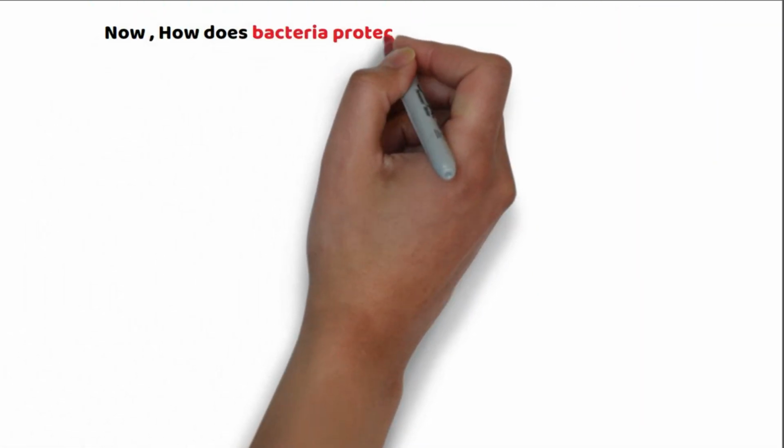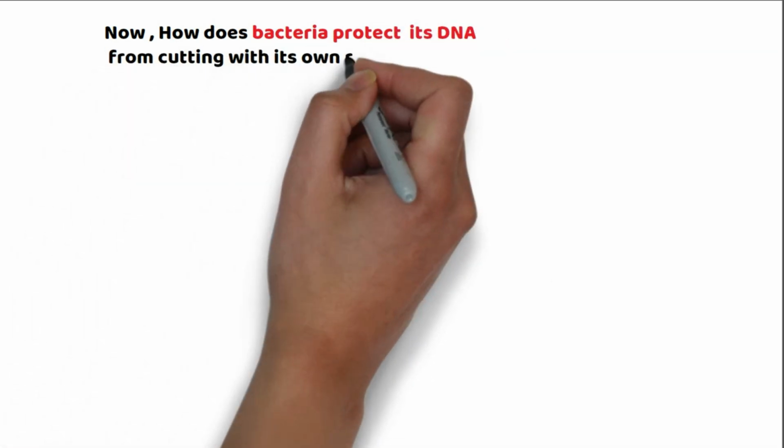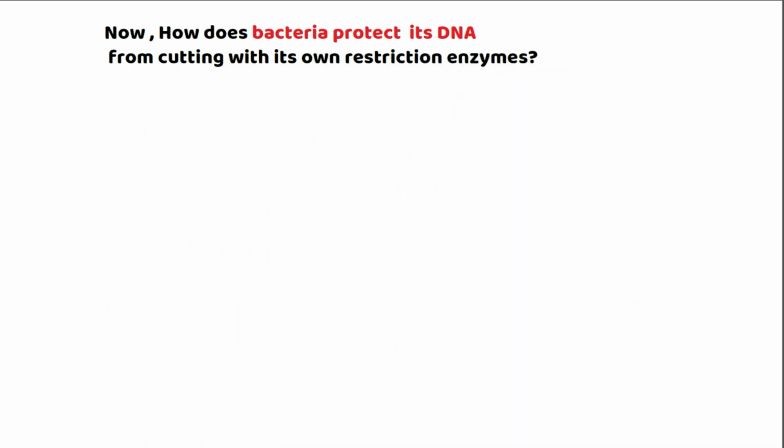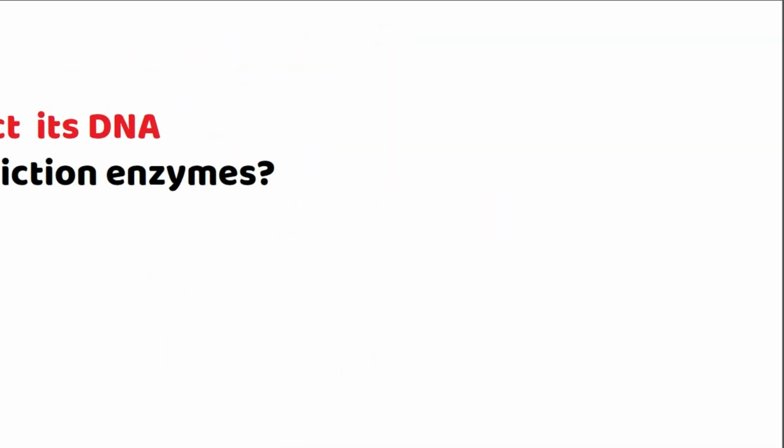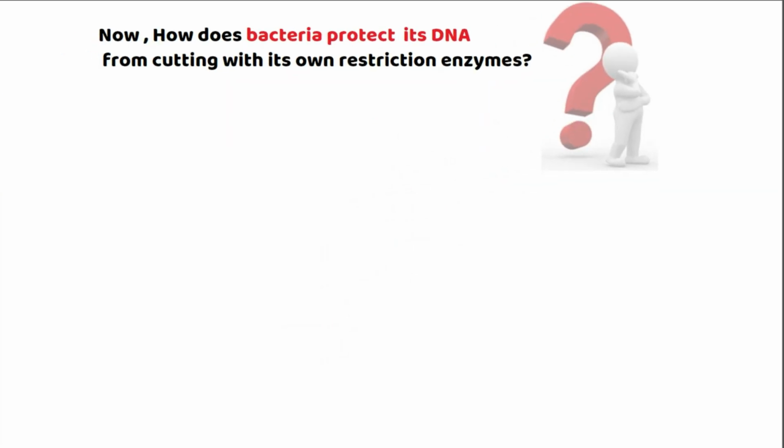Now, how does bacteria protect its own DNA from being cut by its own restriction enzymes? This is a big question. How does the bacteria solve this problem? How does it protect its DNA content, its chromosome, its circular DNA, from attack by its own restriction enzymes?